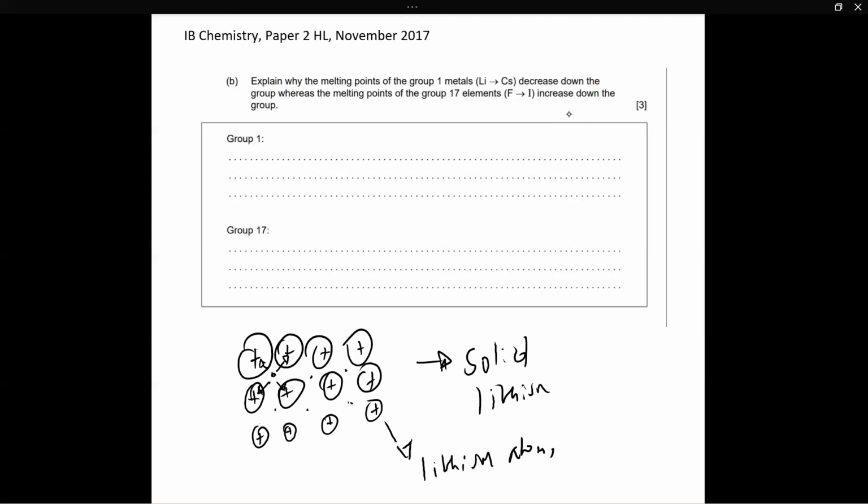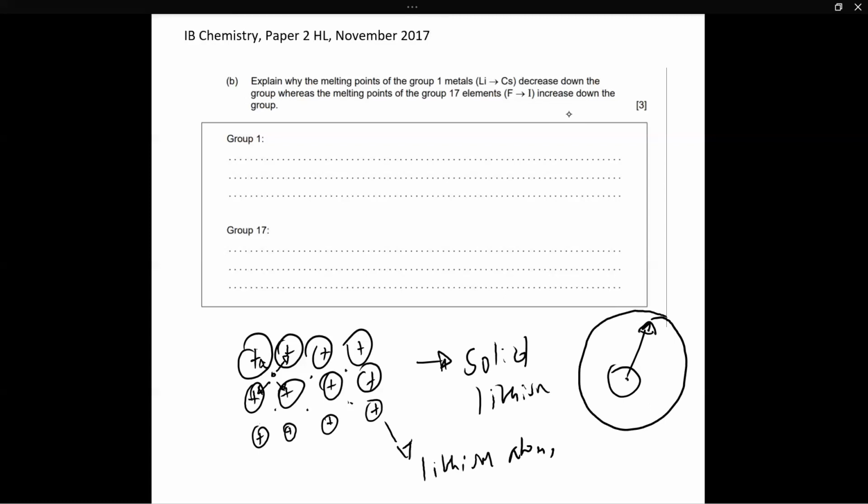The reason it decreases is because the ionic radius increases. Now, what is ionic radius? Basically, ionic radius is, like you can think by the name, the distance from the nuclei to the outermost shell. I'm sure you've learned about this in math, you know what a radius is. So it is the distance from the nuclei to the outermost shell.